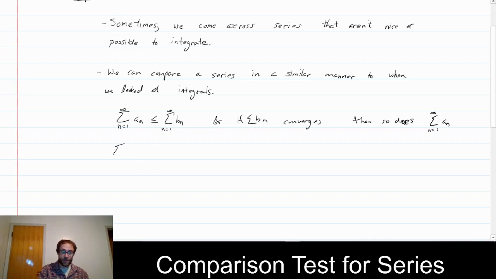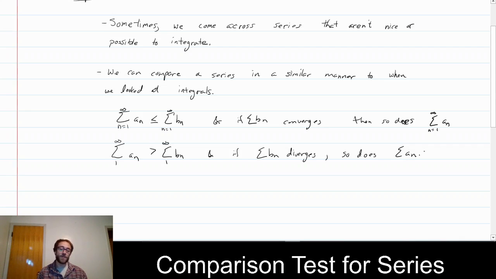And similarly, if the sum of an from 1 to infinity is bigger than the sum of bn from 1 to infinity, and if the sum of bn diverges, then so does the sum of an.